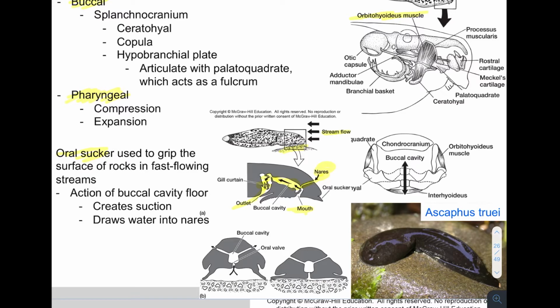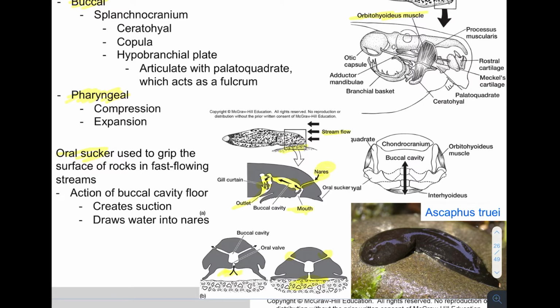Here what we see is the view from the front, where we see that the suction brings the mouth down towards the substrate. And here what we see is that even though the mouth is unavailable for water flow, the nares are available, and those are going to be the entry points for the water to flow into the buccal cavity and over the gill curtain.